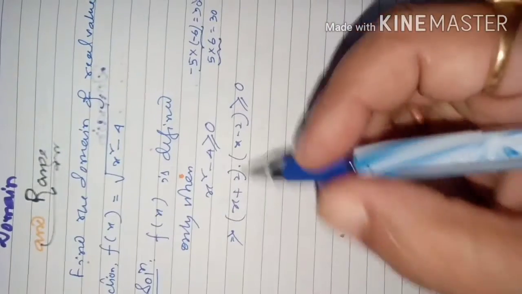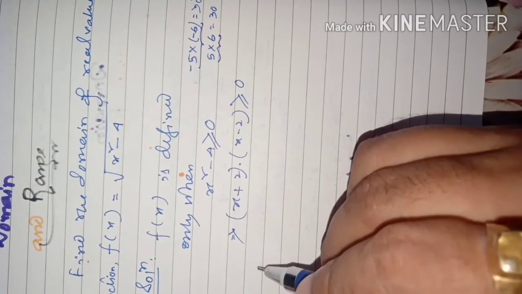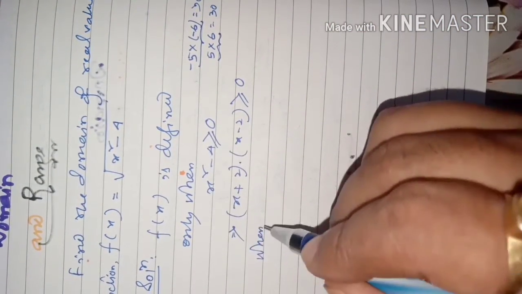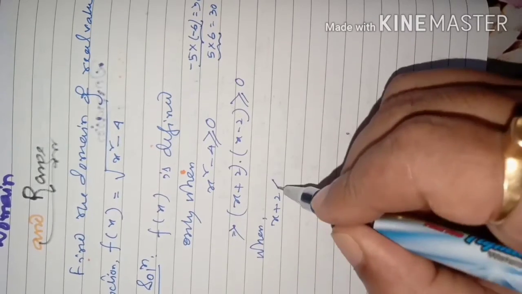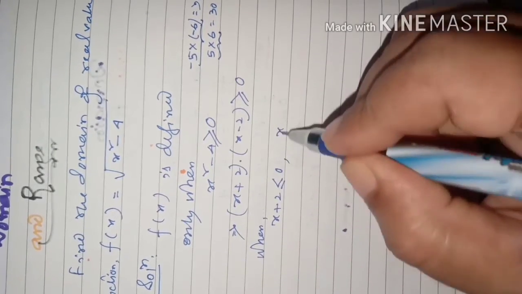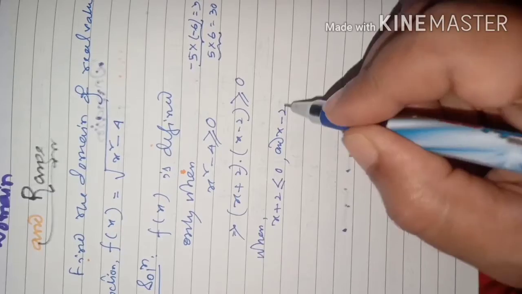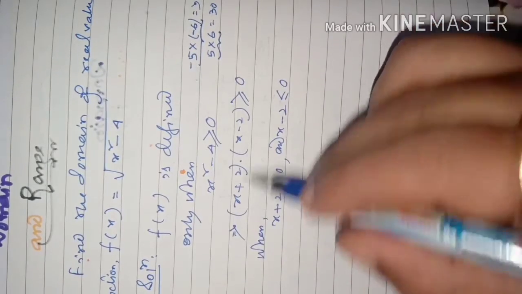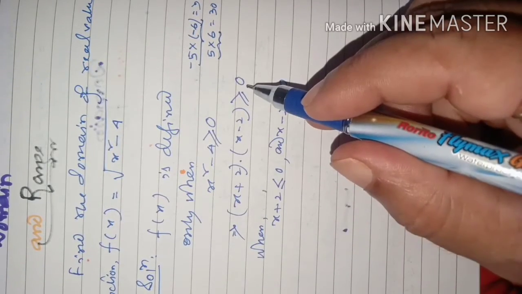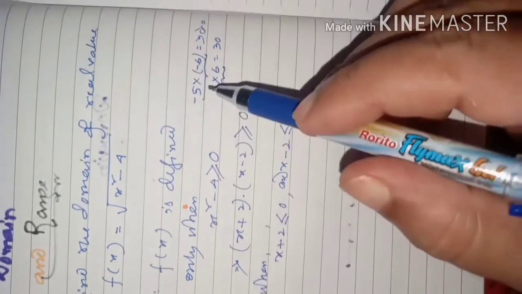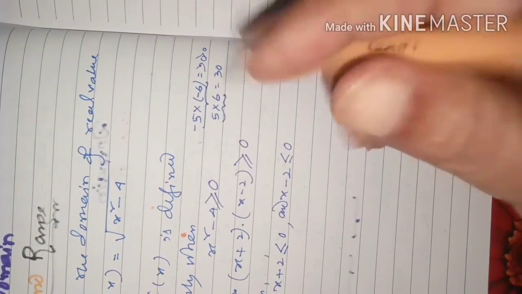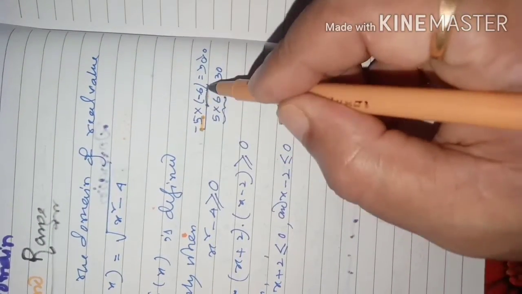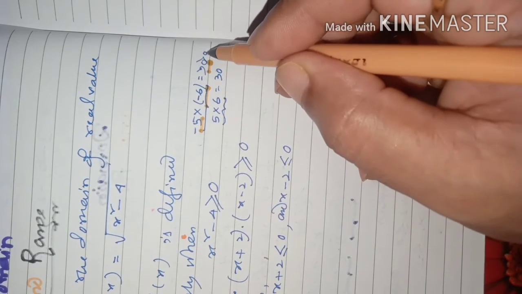Think that way. That is, when x plus 2 is less than or equal to 0 and x minus 2 is less than or equal to 0, then the product will be greater than 0. As I showed you here, if you multiply minus 5 with minus 6, the product is 30, which is greater than 0.